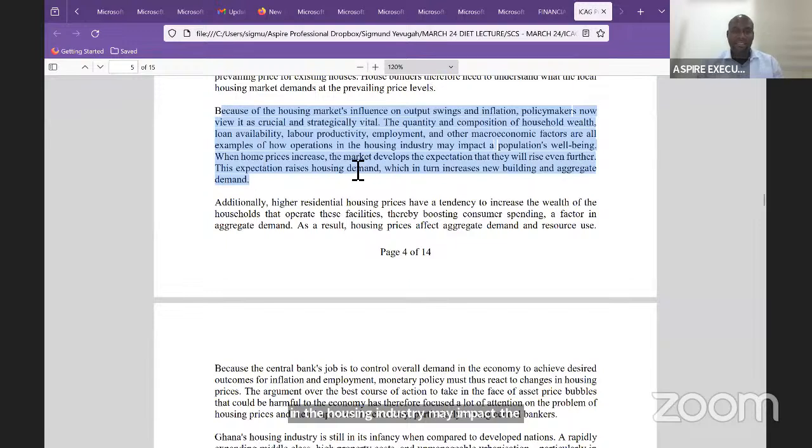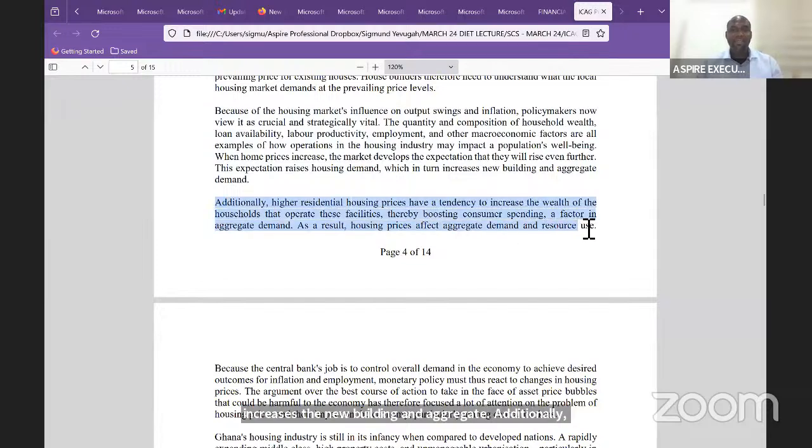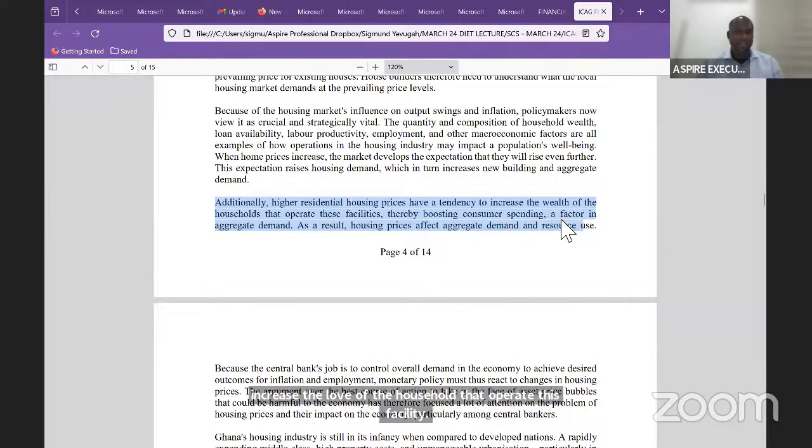When home prices increase, the market develops the expectation that they will rise even further. And this expectation raises housing demand, which in turn increases new building and aggregate demand. Additionally, a higher residential housing price has the tendency to increase the wealth of the households that own property, thereby boosting consumer spending, a factor in aggregate demand. And as a result, housing prices affect aggregate demand and resource use.